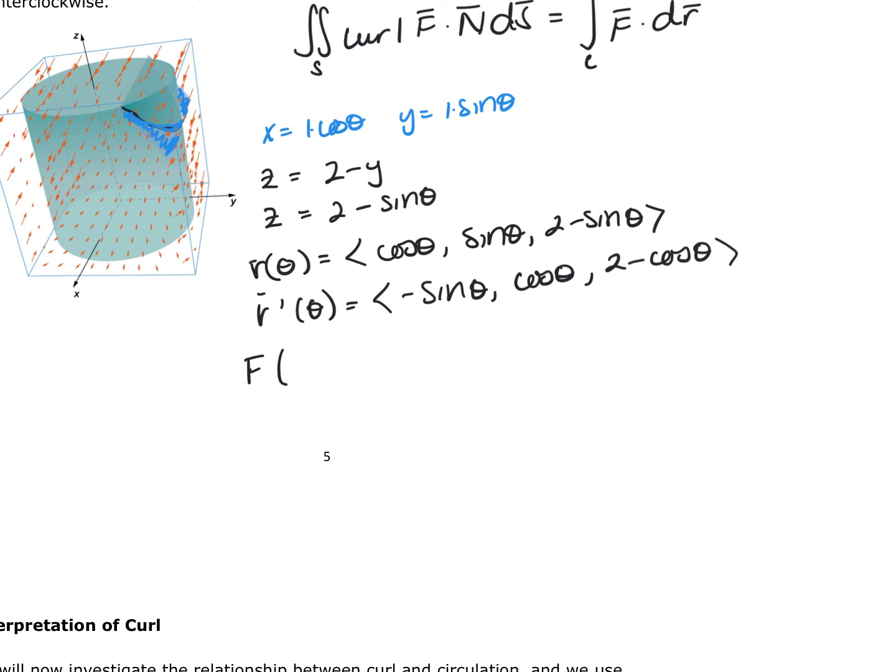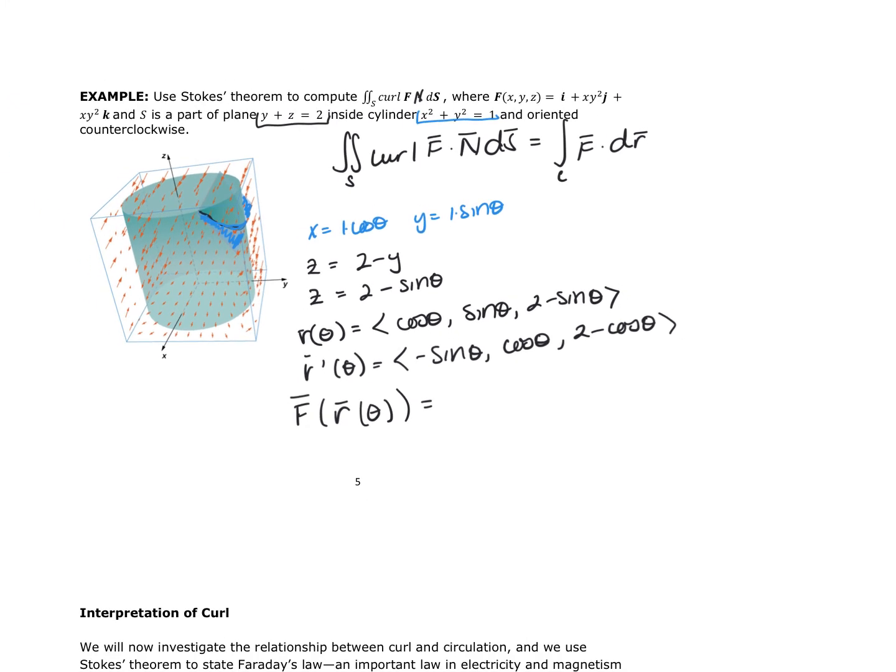My f of r of theta, not prime, is going to be equal to: I have 1 x times y, so that'll be the cosine of theta, the sine squared of theta, and x multiplied by y squared again, which gives me the cosine of theta, the sine squared of theta.